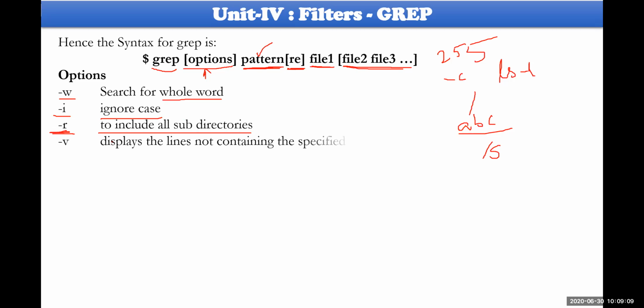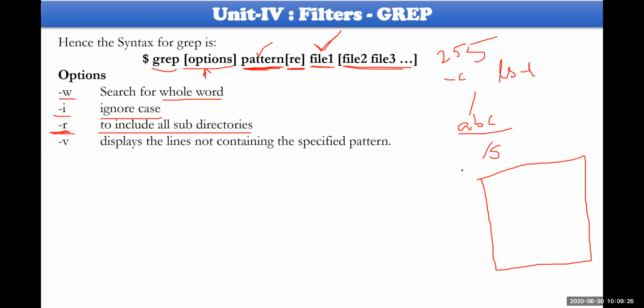Then, if you want to search for a particular pattern within a file, let me draw something here for you.